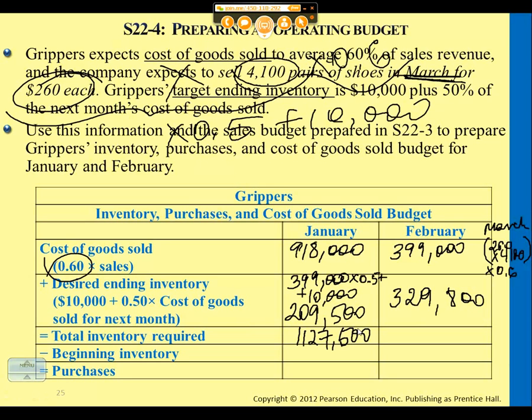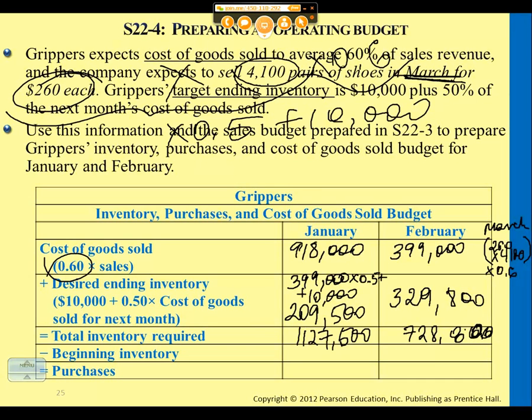We're just adding the two. Now, how am I going to subtract the beginning inventory? How do I know my beginning inventory?